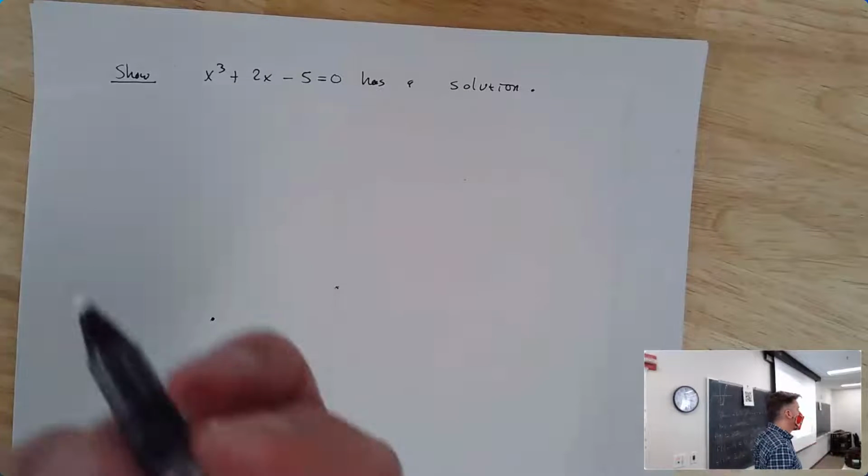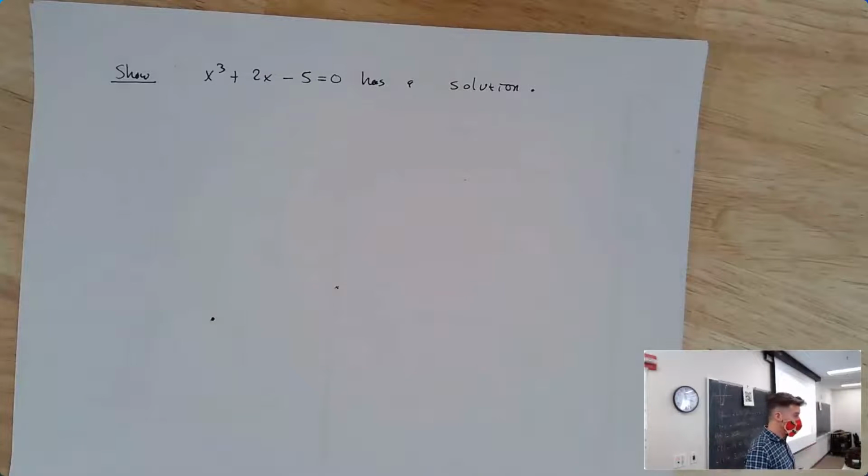If they don't give you an interval, you just make up numbers until something works. So if you're trying to show something is equal to 0, if you know it's continuous, if it goes from a negative to a positive, it has to pass through 0. There's no other choice.